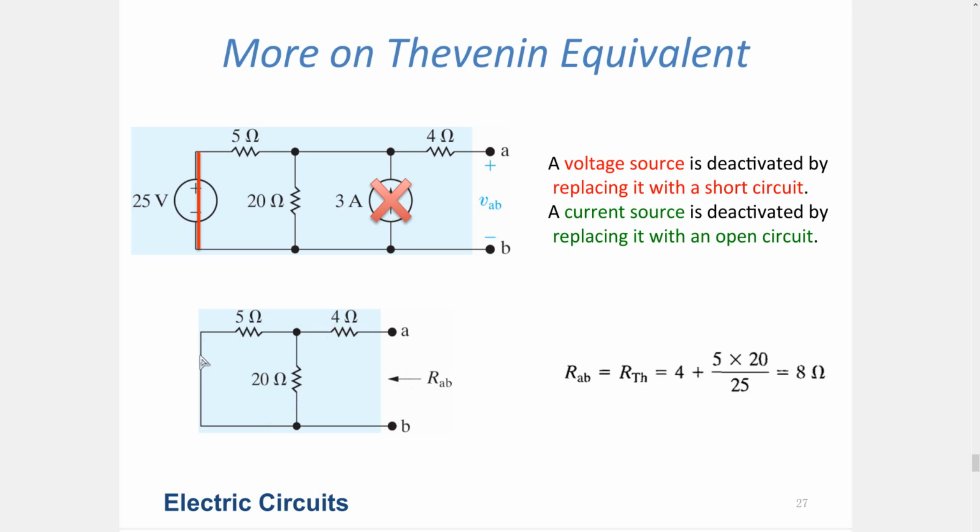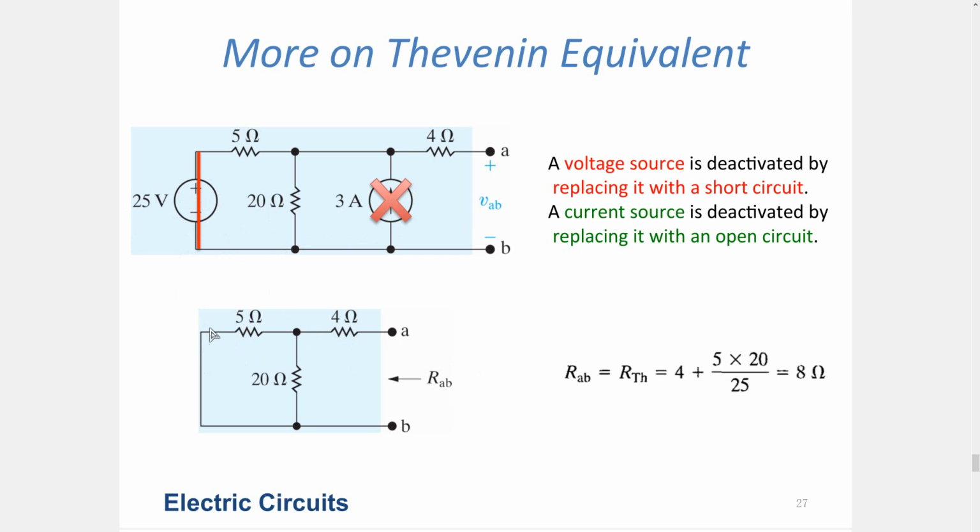Now, if the circuit contains dependent voltage sources or dependent current sources, you cannot replace them with a short circuit. In that case, what you can do is, when finding the RAB, you can always replace the independent sources with their equivalents. That is, you can deactivate them. Basically, you remove them.